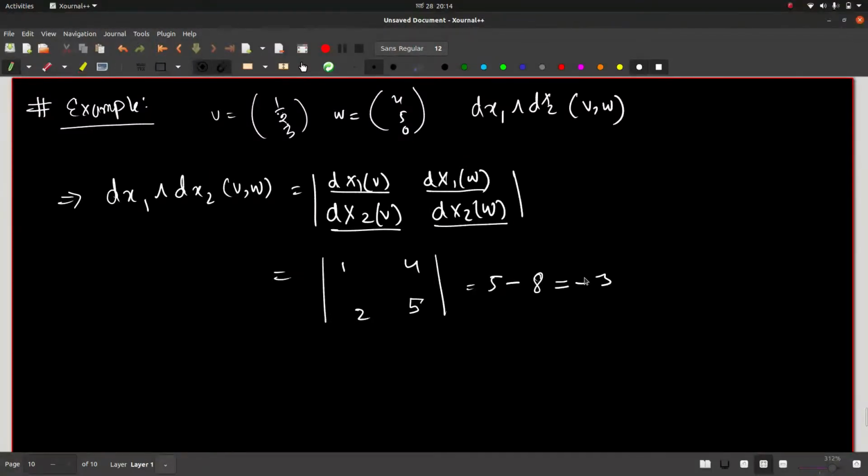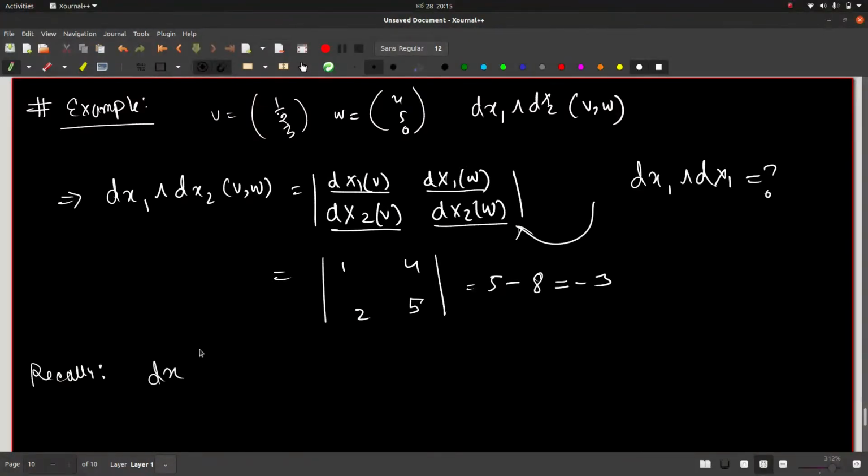And what if I tell you to calculate dx1 wedge dx1? Would you go with this method? Obviously you can, and you will see that the result is 0. But there is a very straightforward way of seeing that. Recall from the antisymmetry property that if I exchange these two, that means 2 goes to 1 and 1 goes to 2, we pick up a minus sign.